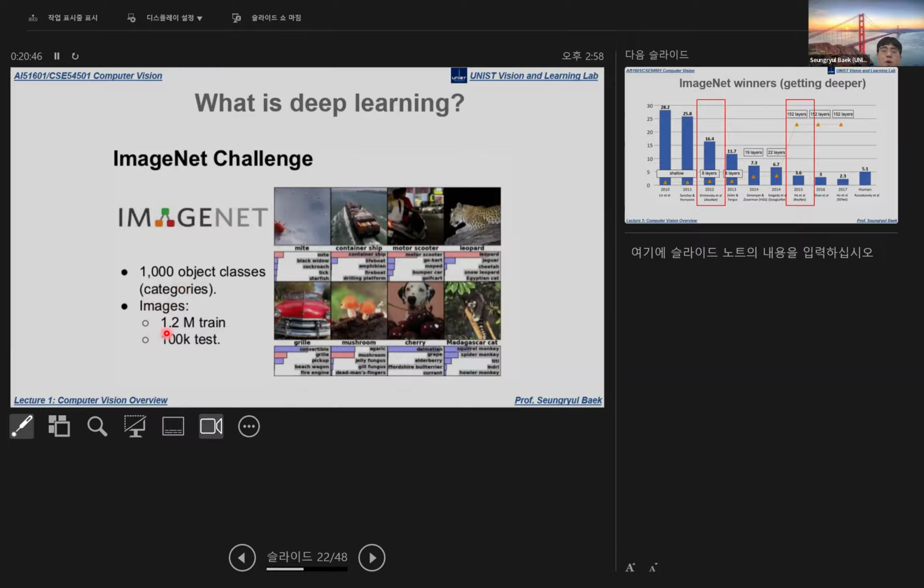It has 1.2 million training images and 100K testing images, a million-scale dataset, proposed in the early 2010s and one of the largest-scale datasets of that period.